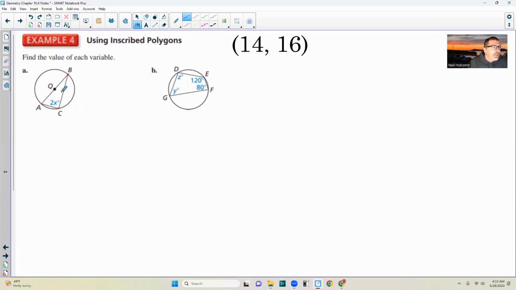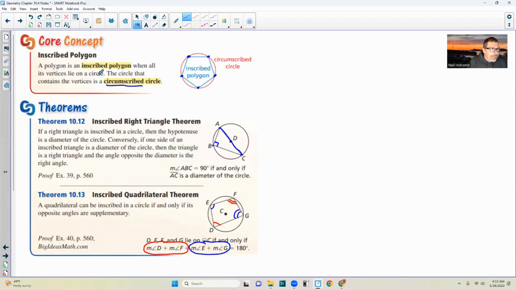Okay, so now it's asking us to find each variable, 2x. Well, 2x is right here. It's a right angle because AB is a diameter. Remember what they said back here: if a right triangle is inscribed, conversely, if one side of an inscribed triangle is a diameter, then the triangle is a right triangle.